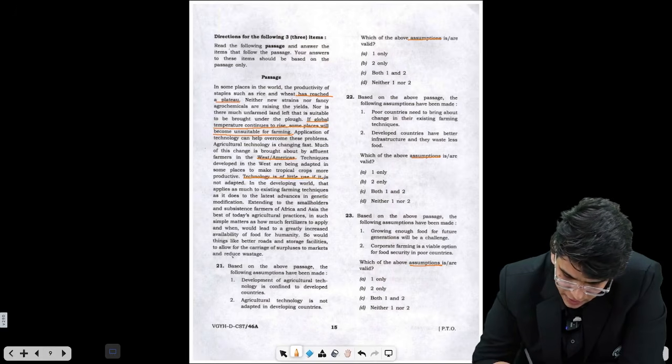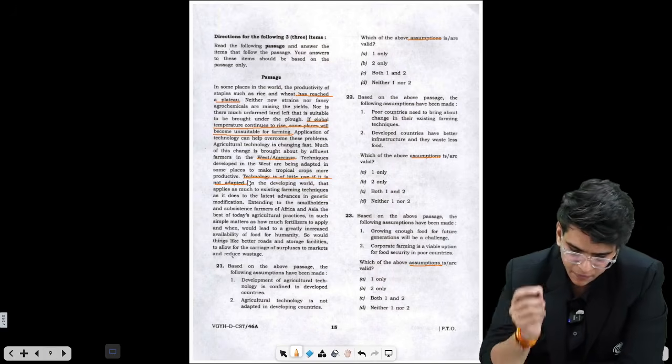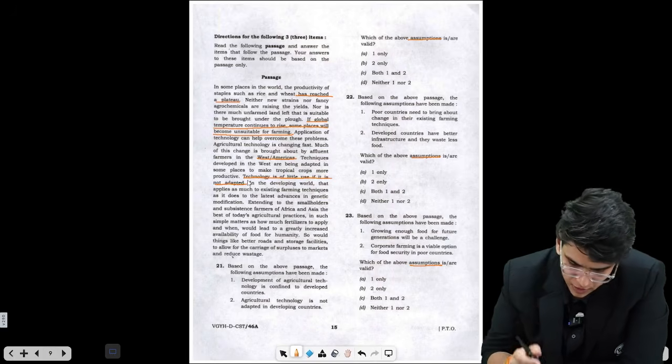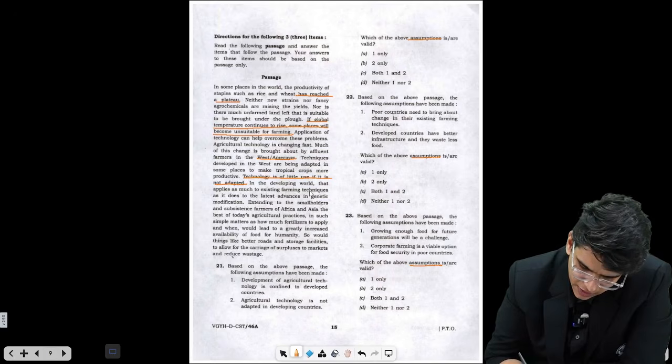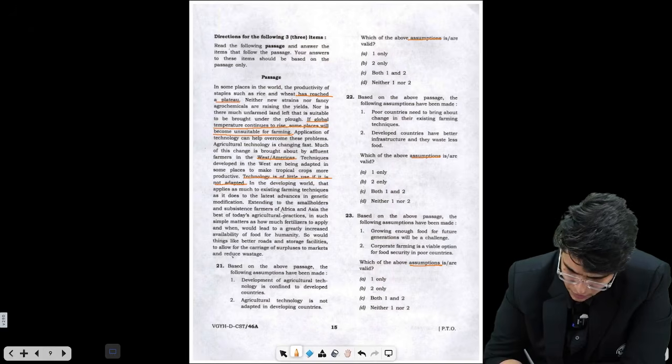Technology is of little use if it is not adapted. In the developing world, that applies as much to existing farming techniques as it does to the latest advances in genetic modification. Extending to the smallholders and subsistence farming of Africa and Asia the best of today's agricultural practices, in such simple matters as how much fertilizer to apply and when.